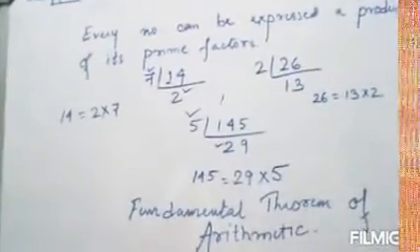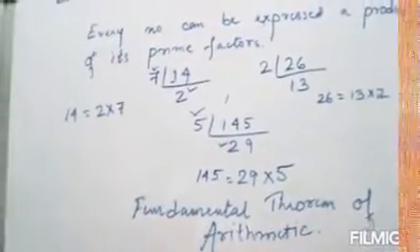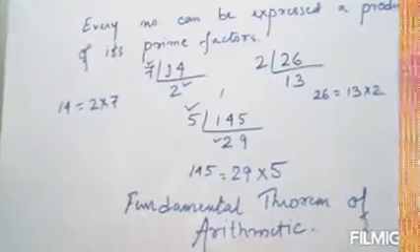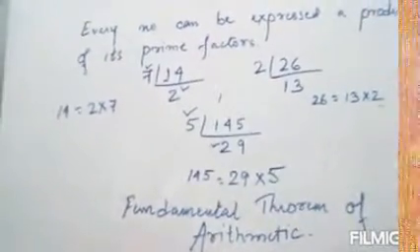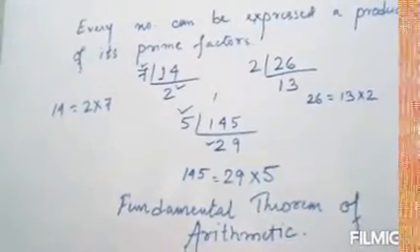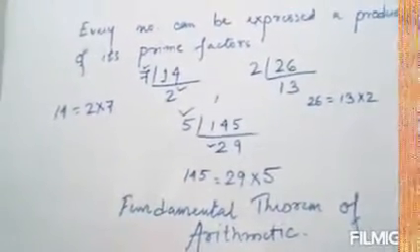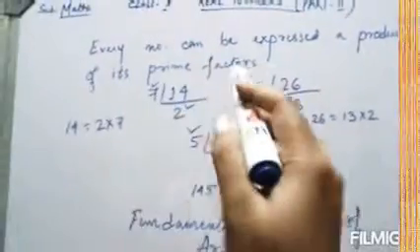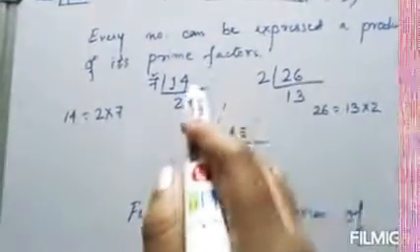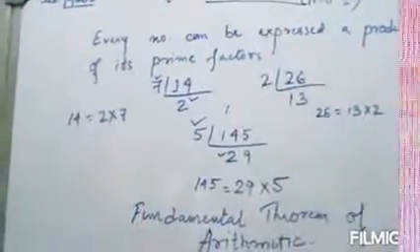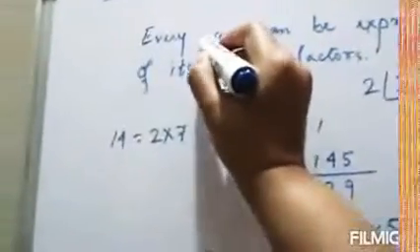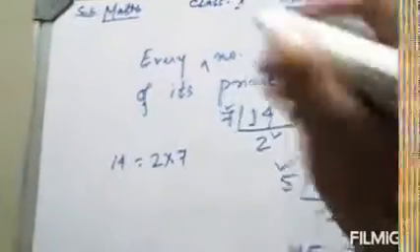By hearing the name fundamental theorem of arithmetic, you may say, oh my god, so big a name, what is it? But it's nothing. What is stated in the theorem, you all know from the beginning itself, that every number can be expressed as the product of its prime factors. Okay, here every number does not mean prime numbers.